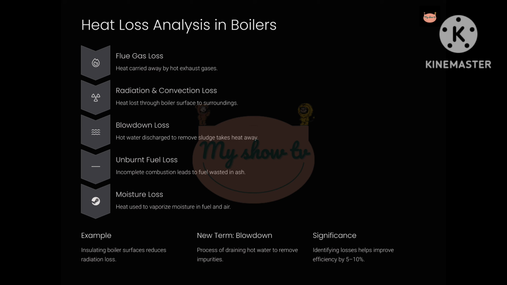If the fuel has water content or moisture, energy is used to evaporate it. This heat does not help in steam generation. The goal is to minimize these losses using better design, insulation, and combustion control. Example: installing a heat recovery unit in the flue gas path can reduce flue gas losses.